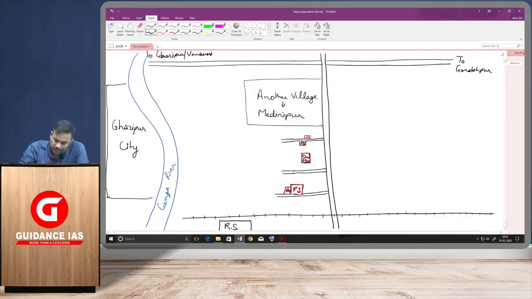And surrounding this there are houses which have been constructed, and the roads are very narrow and meandering. For example, when I go with my car, I will have to park the car here at this point. It cannot go inside.